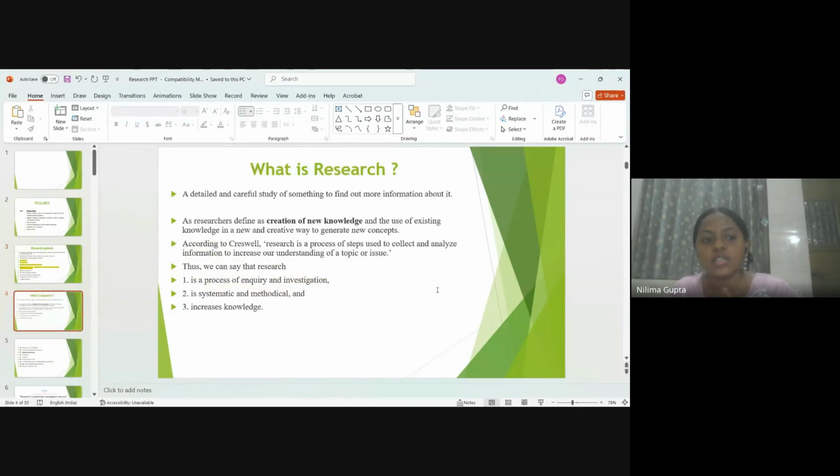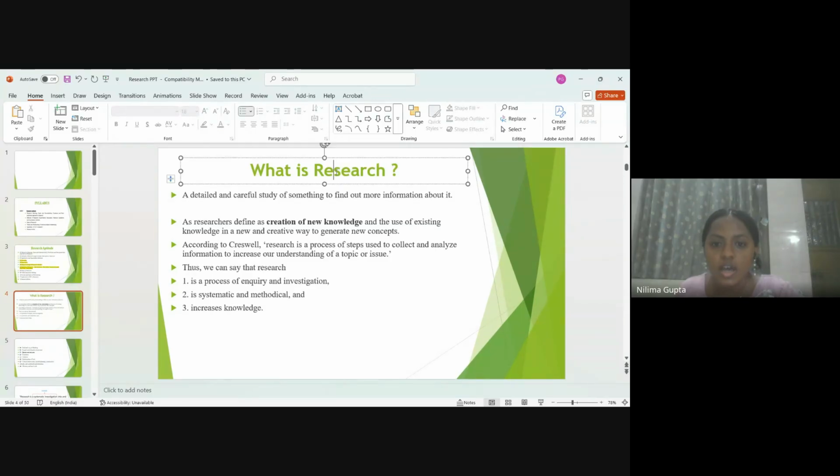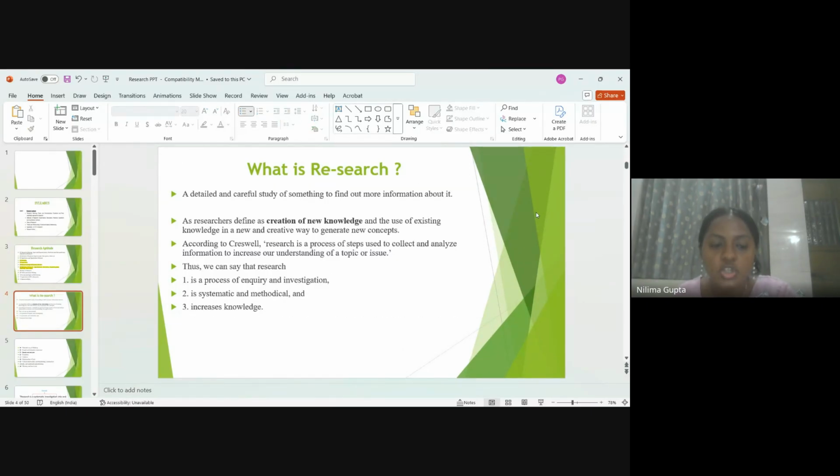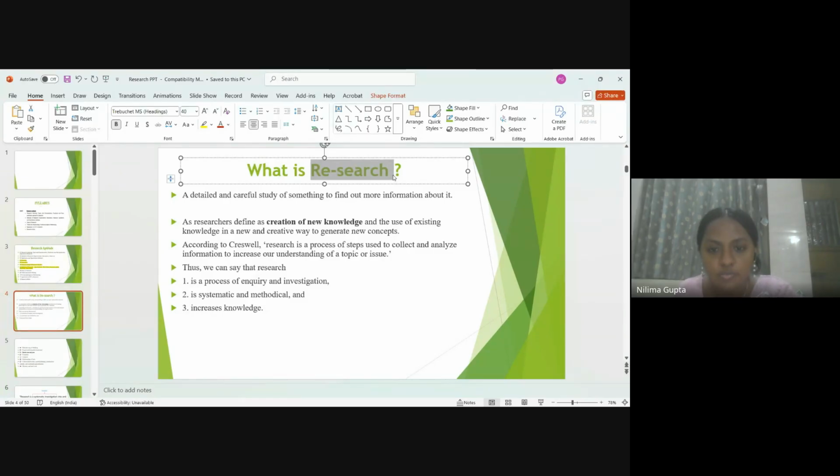So before we start in detail the types and other methods of research, the first thing is, what is research? As the name suggests, if I divide this word a little, it is doing the search again. Information that is already available, some data that is already available, searching that information again is called research.